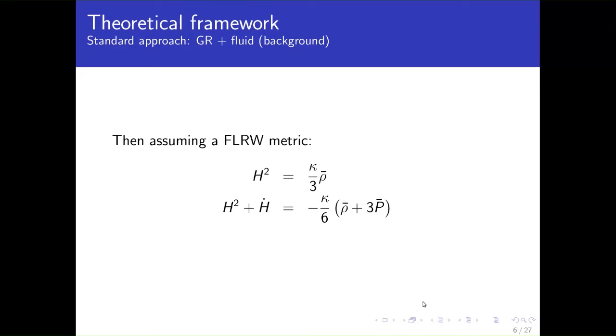Then at the background level, with the Einstein equations, if you assume the Friedmann metric, you can find the usual Friedmann equations, with H being the Hubble parameter, and rho and P the density and the pressure for the fluids at the background level.